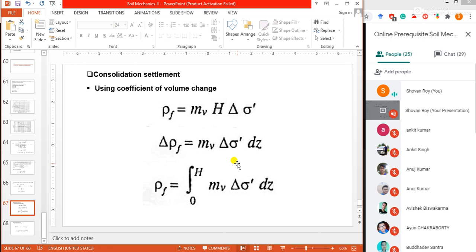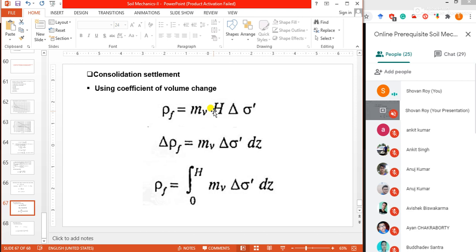The numerical integration may be performed by dividing the total thickness H into a number of thin layers, and delta sigma dash at the mid height of each layer may be considered to represent a constant average pressure increment for the layer. The settlement for each layer can then be calculated from this equation. The total settlement of the layer of thickness H will then be equal to the sum of individual settlements of the various thin layers.